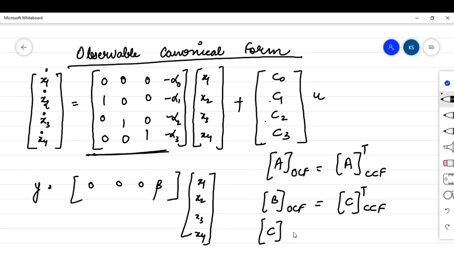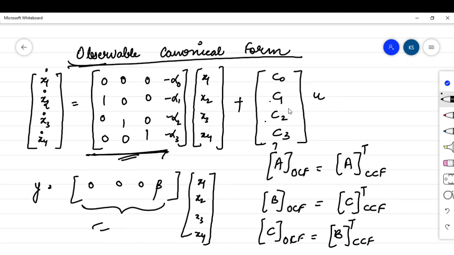And the output matrix C in observable canonical form is just equal to the transpose of the input matrix in controllable canonical form, which is written as 0, 0, 0, beta. You just have to observe the options. From the options, you will know whether the state space model is in observable canonical form or controllable canonical form. Then you just have to find out the matrices like this.